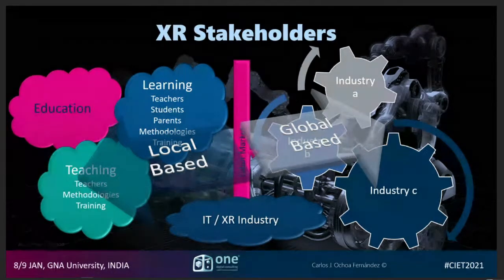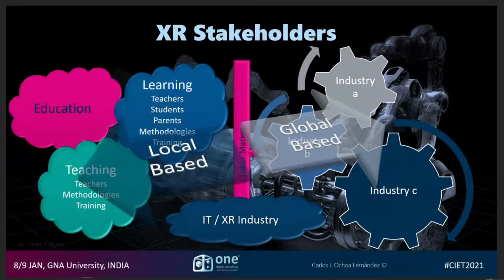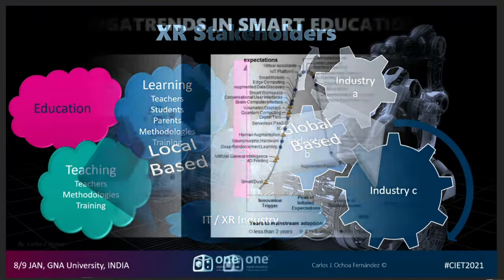But education is local. The learning process, methodologies, and training are local, and the teaching methodologies are local. And the industry needs to close the gap, and we need to understand how it works. So we have to work all together.